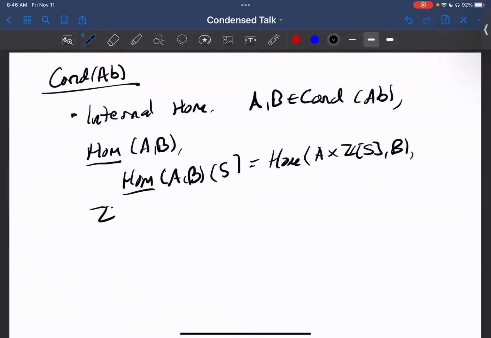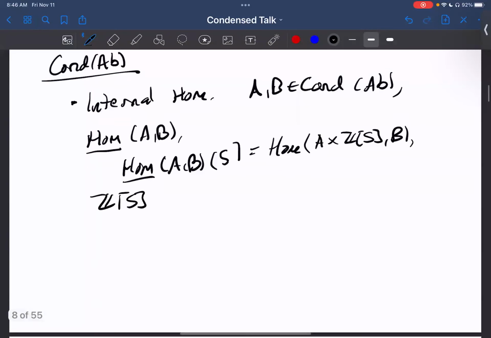Here, Z of S is the free abelian group on S. So the free condensed abelian group on the extremely disconnected set S considered as a condensed set. This is coming from a free forgetful adjunction between condensed sets and condensed abelian groups.